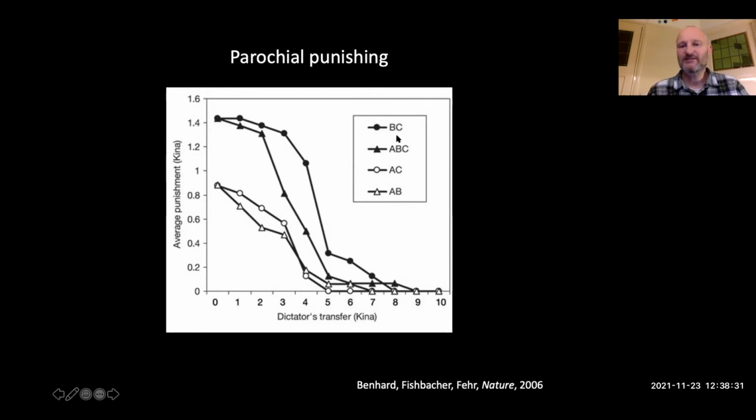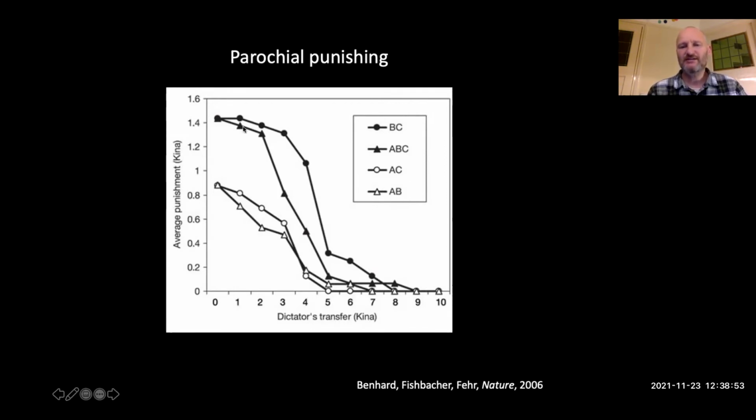So definitely, if everyone is a member of the same group, then punishment should happen if someone is not generous as a dictator. But maybe also if the one that you want to teach a lesson is part of the same group.